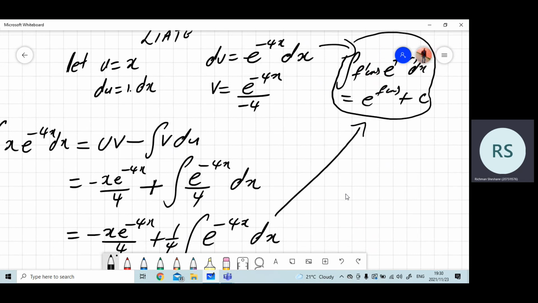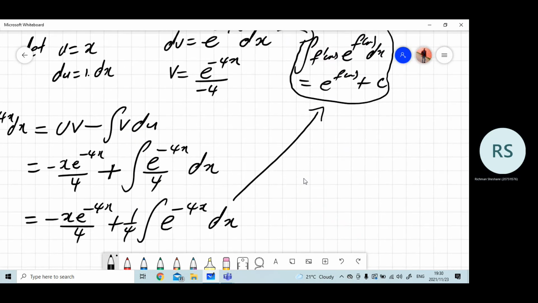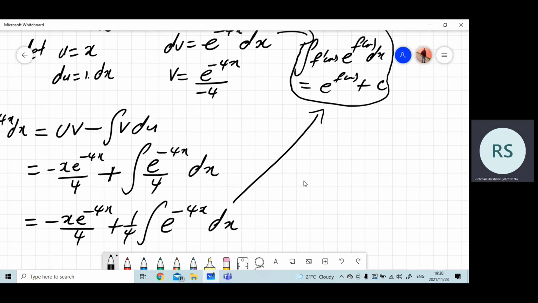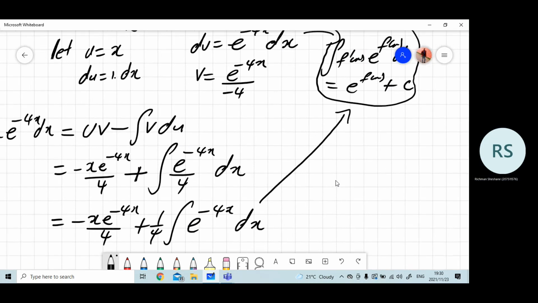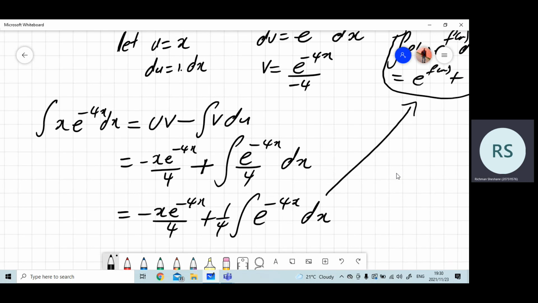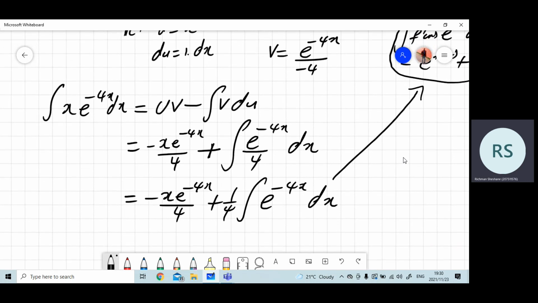I hope you can see it here. This formula, right, to integrate your second term. You use this maths 1 standard integral to evaluate your second term.